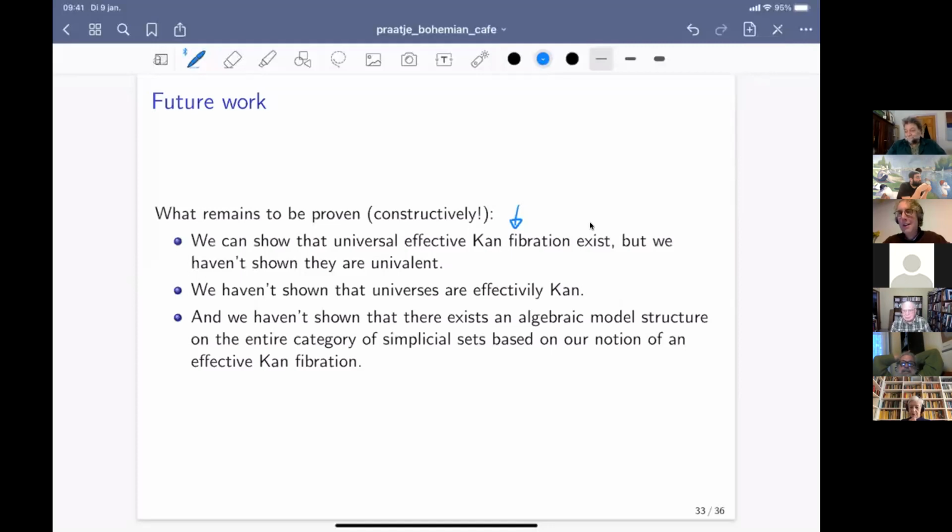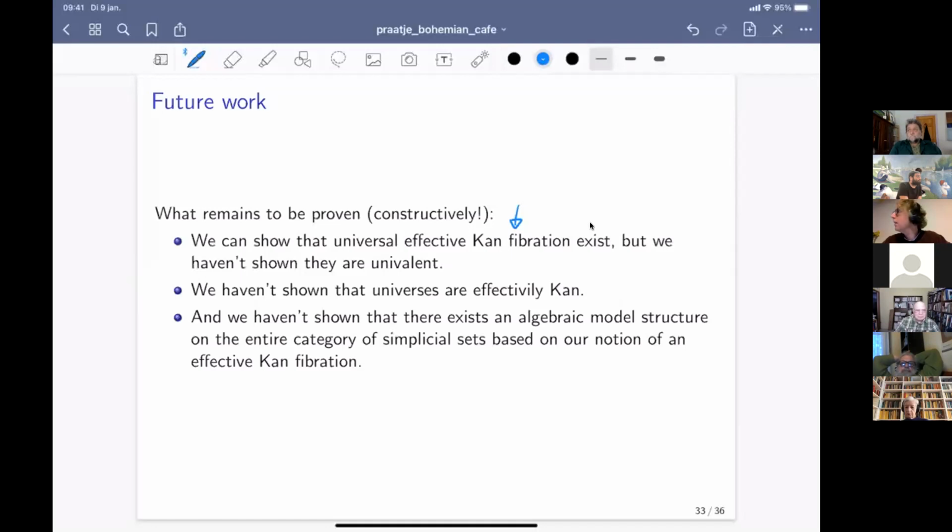They are in a classical metatheory. The problem is that it uses a version of the small object argument, which seems to be quite classical. But I'm pretty certain that that could be made constructive as well, but we haven't done that.